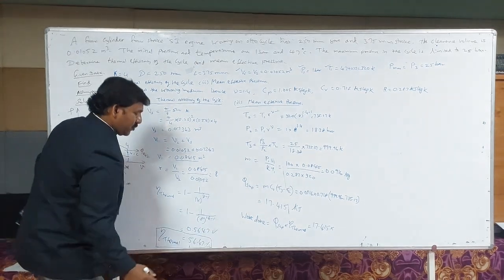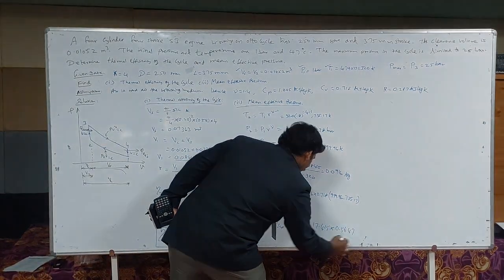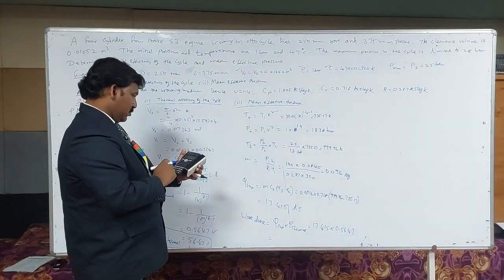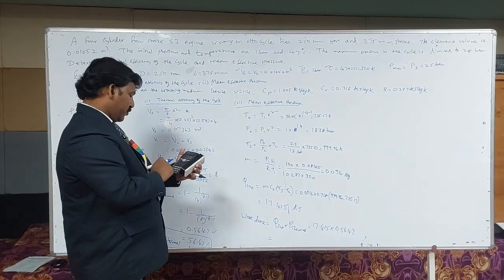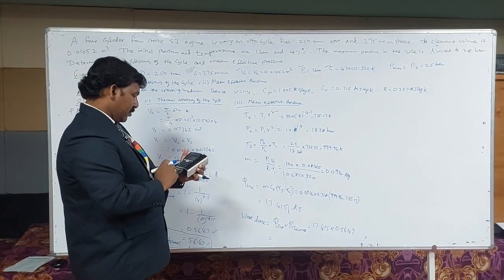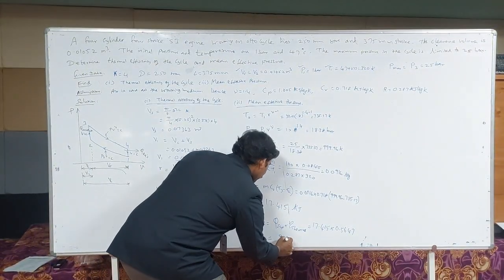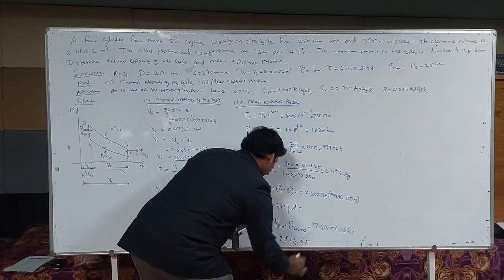So 17.415 into 0.5647 is equal to 9.834 kilojoule.